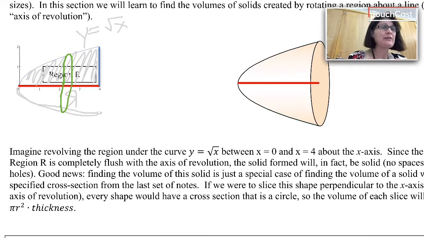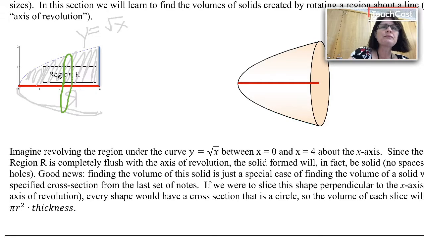The only way we're going to talk about finding those volumes is pretending we're taking slices that are perpendicular to that axis. So I was revolving around the x-axis, which is horizontal, which means my slice has to be vertical. Now there's other ways to find volume. They do not come up in high school calculus. So if this is helpful to you to always focus on taking your slices perpendicular, I find that that helps most students.